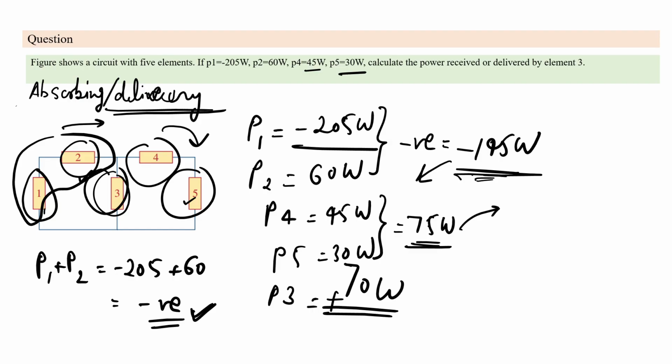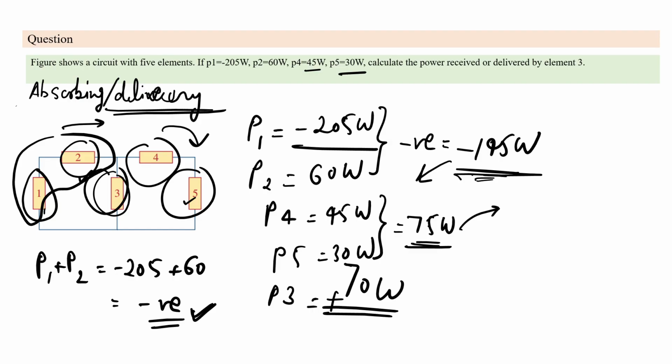So if you sum it up, for P1 and P2 it comes out to be minus 145 watt. So there is some power being absorbed in one branch, and 75 watt being delivered in another branch. So that extra power, where is it coming from? It will come from the P3 branch.